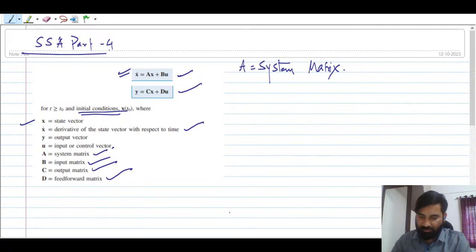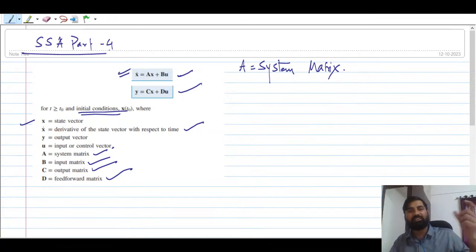Now I'll talk about how to get the transfer function from the state model. Last time I gave you one expression as well. In the case of a state model, A, B, C, D will be known.